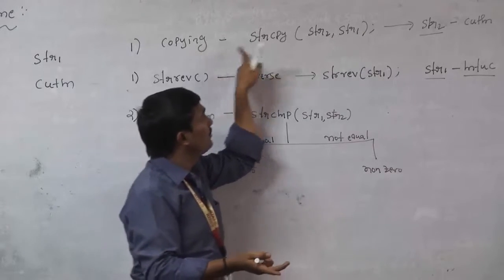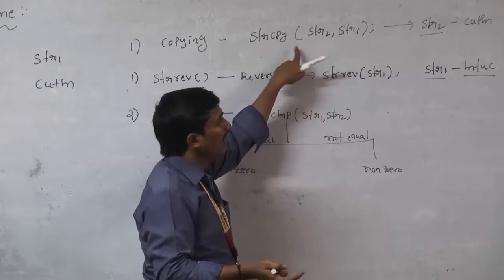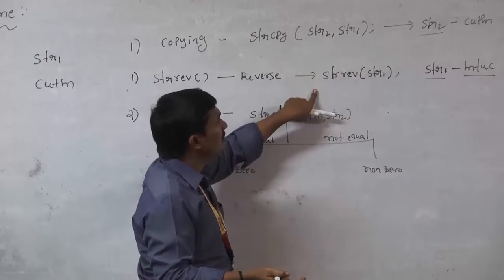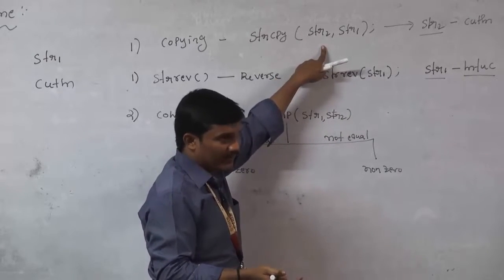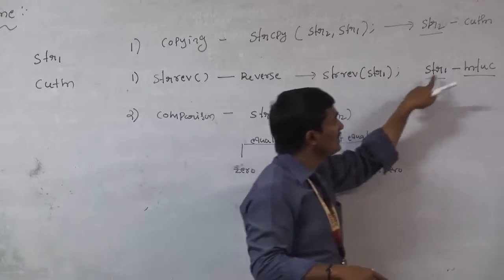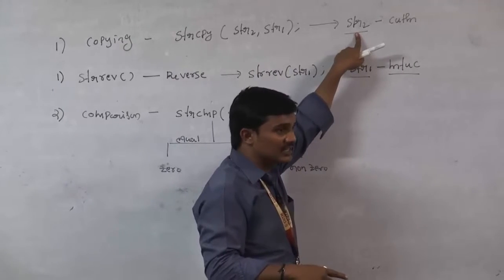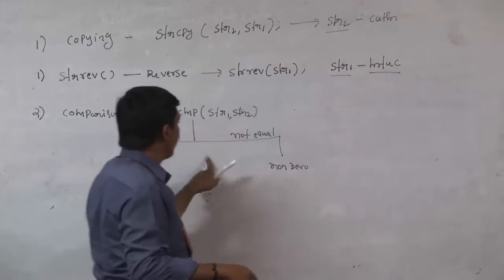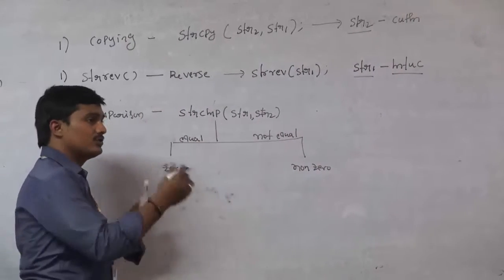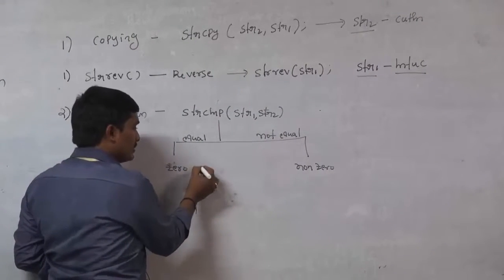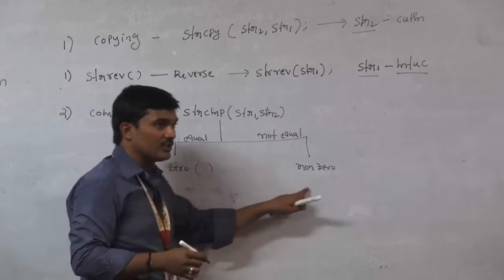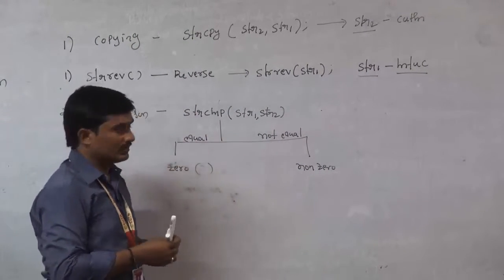So that's why I am copying first. After copying, I perform the reverse operation on string 1, my original string. My original string is now reversed. So str1 and str2. Now I am comparing. Equal means it will return 0, one value. Non-zero means not equal. Just copy the logic.